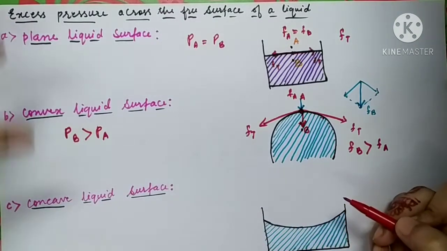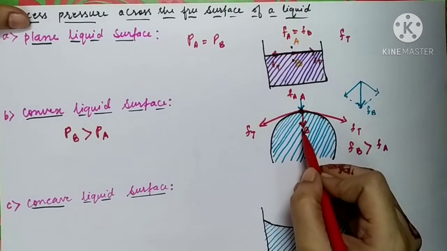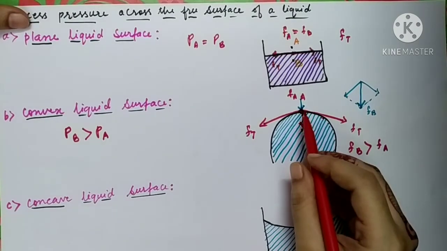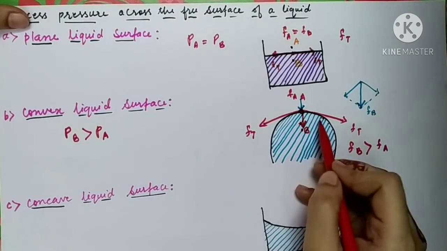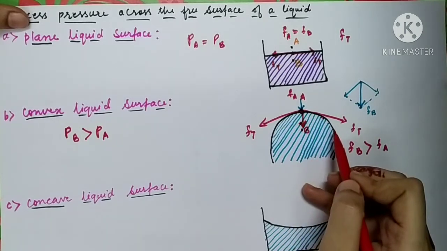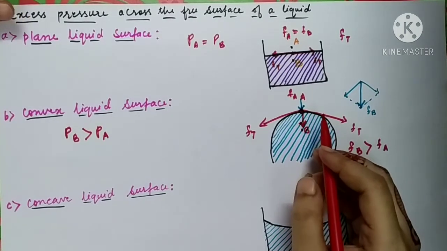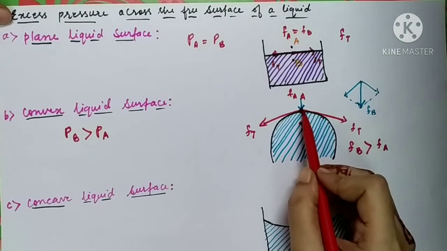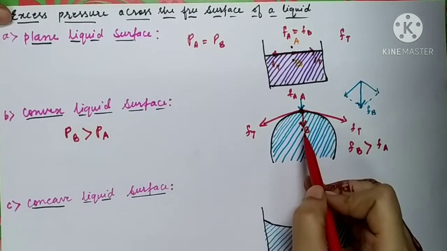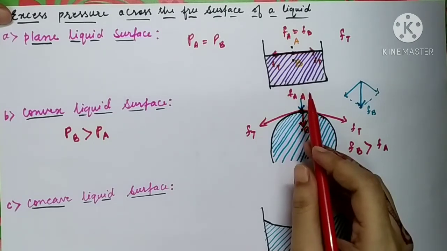One more thing, you can say that this point B is below the convex surface of a liquid. So here we can conclude one thing, that pressure below the convex surface of a liquid is greater than the pressure above it.